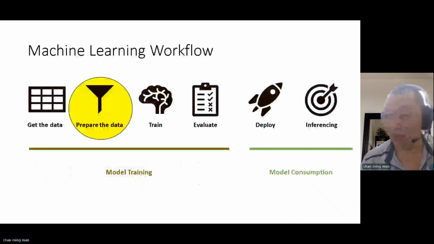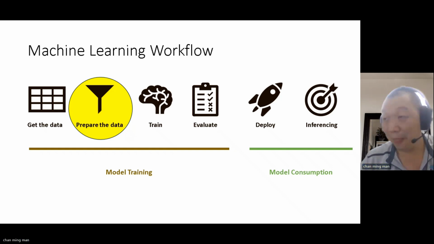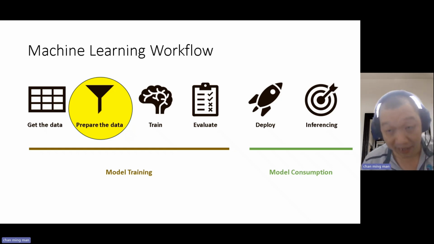Now, this is a machine learning workflow. The first part is that you need to get the data. Where to get the data? I can tell you this is the hardest part in machine learning, and it's the harder part for you to start your journey in AI as well. Someone correct me if I'm wrong.